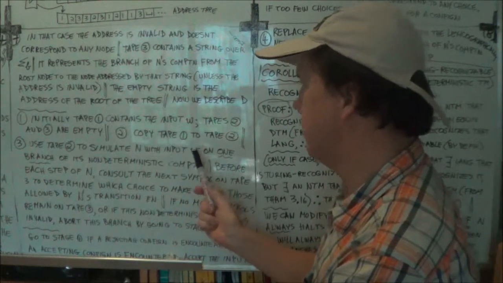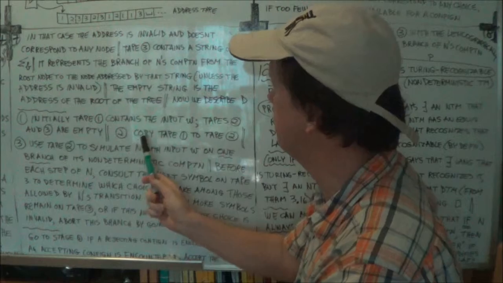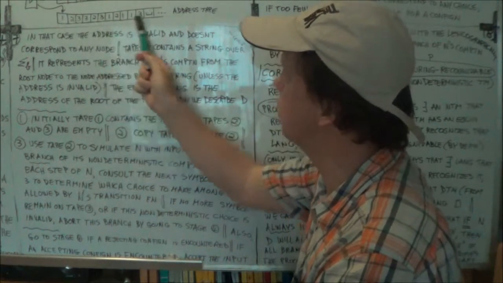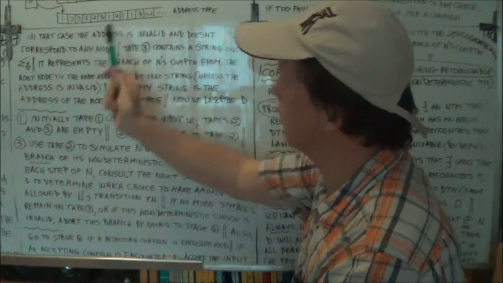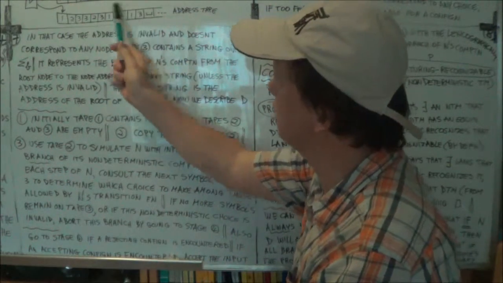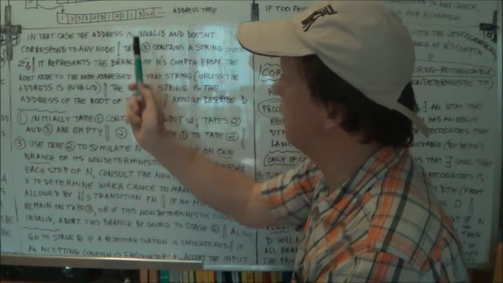Okay, so now what? Okay, so you've copied tape 1 into this for each loop, for each branch, for each possible address. We go through this loop. So let's say you've just freshly changed your address. So what do you do? Well, then you take this and you copy it into here, and then what do you do?